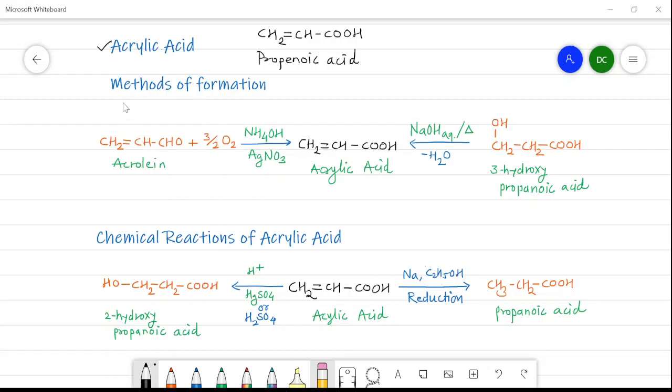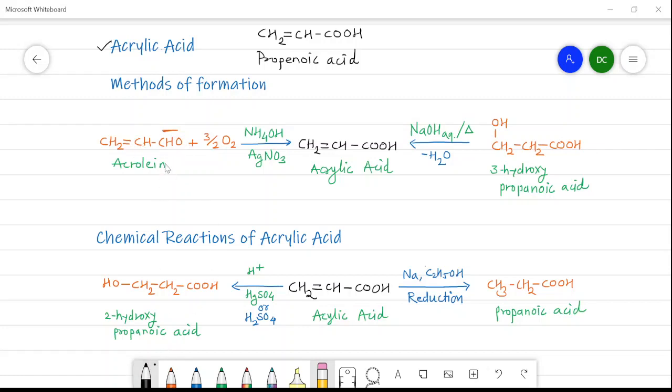Let's see the explanation of methods of formation. In the methods of formation, we will discuss two methods. That is formation of acrylic acid from acrolein or acrylaldehyde. Here, there is a CHO group which is converted into the COOH. The CH2 double bond CH is the same as that of acrylic acid.